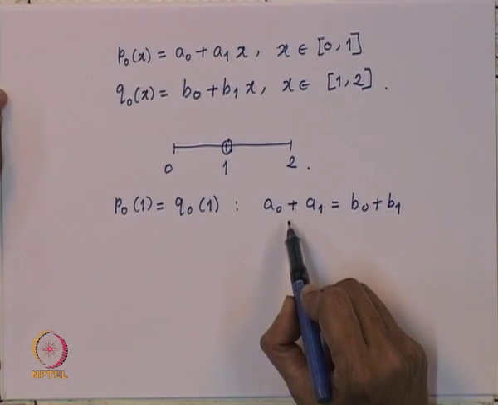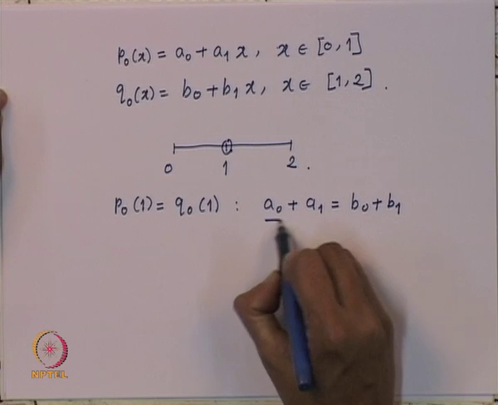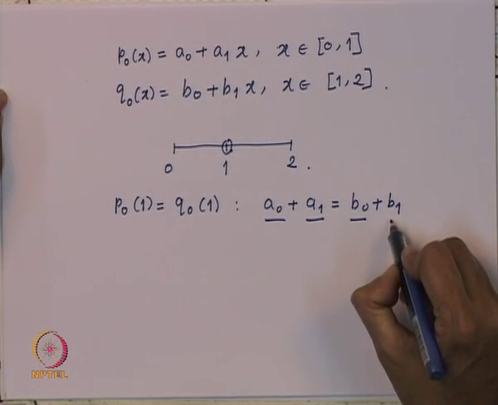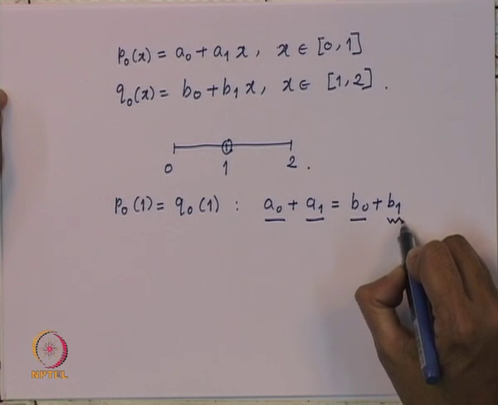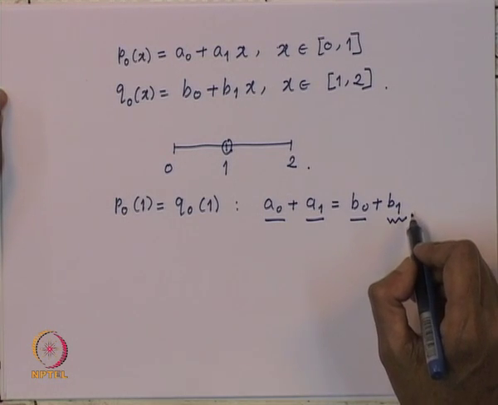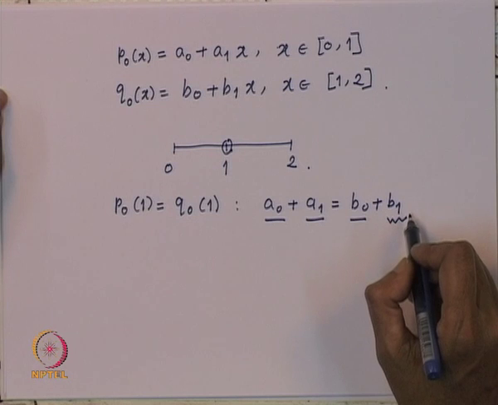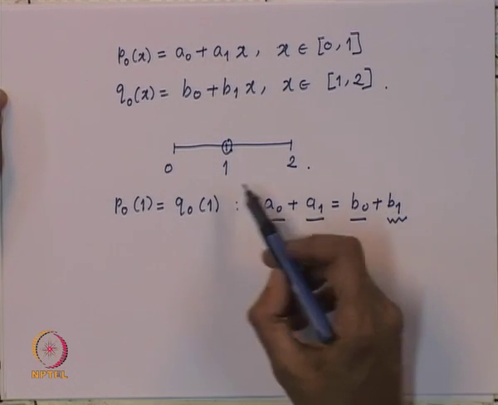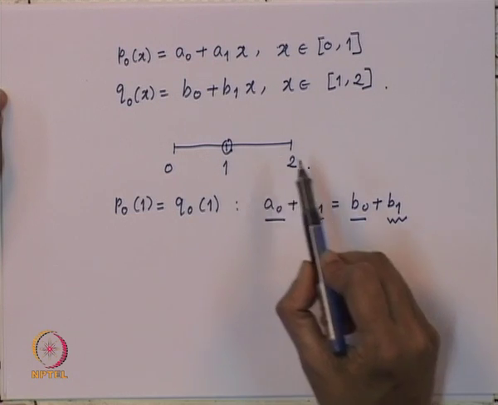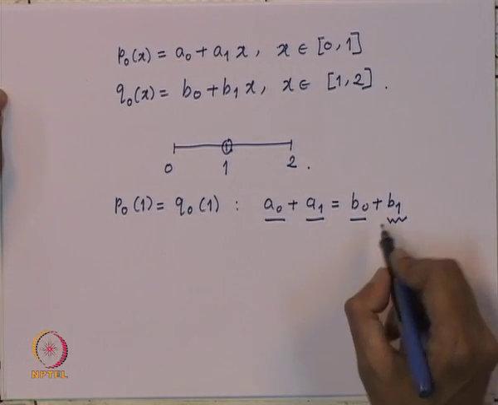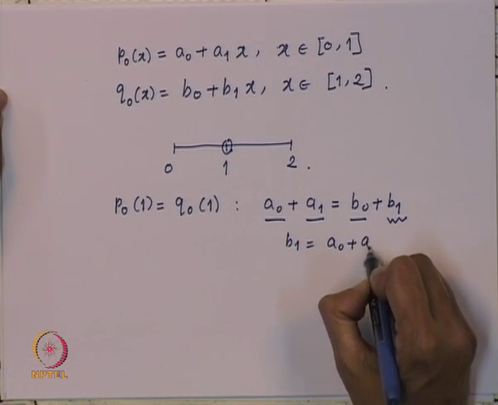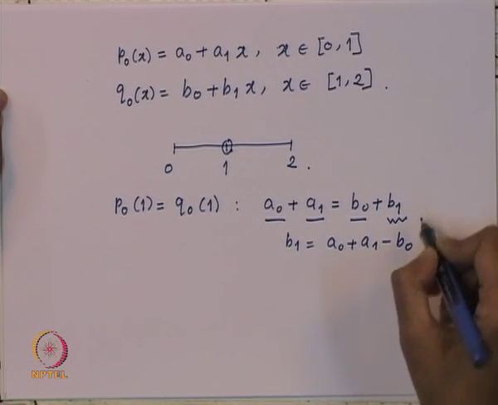So, that means if I fix a0, a1 and b0, then I have no choice for b1. If I want the function formed by p0 and q0 to be continuous, then b1 has to equal a0 plus a1 minus b0.